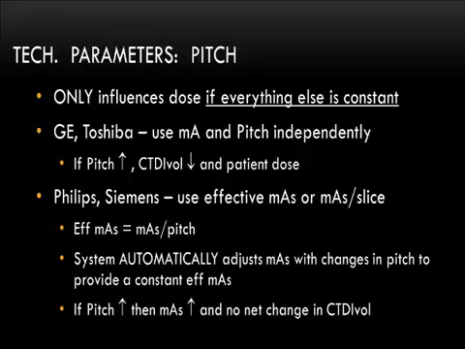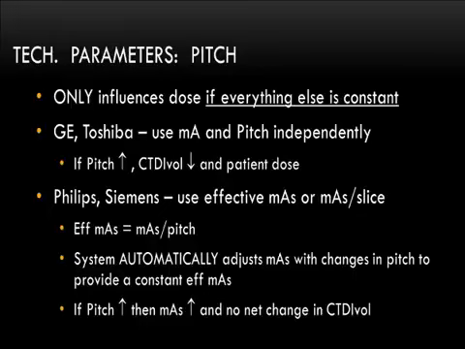Philips and Siemens use the concept of effective MAS or MAS per slice. So if you're on the user interface and you have effective MAS and you say it's 100 and you change the pitch, did everything else stay constant? Well, it turns out that effective MAS is MAS divided by pitch, and what the system does behind the scenes is keep that constant.